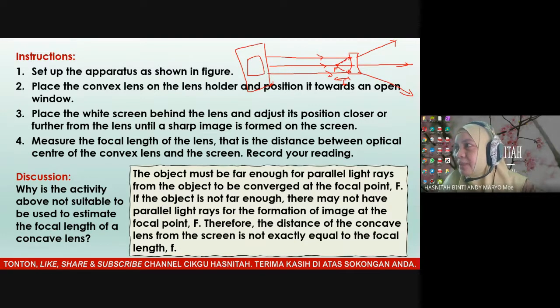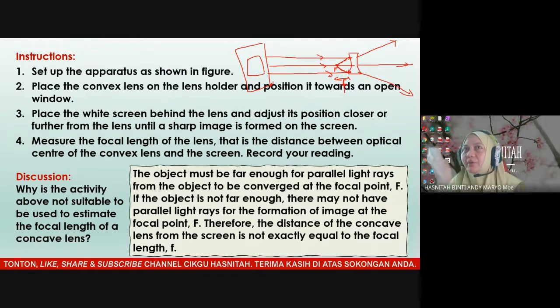So the problem with the concave lens is that it is not going to give you an accurate distance for focal length, because there may not be parallel rays for the formation of image here. It is very difficult to get compared to using a convex lens.